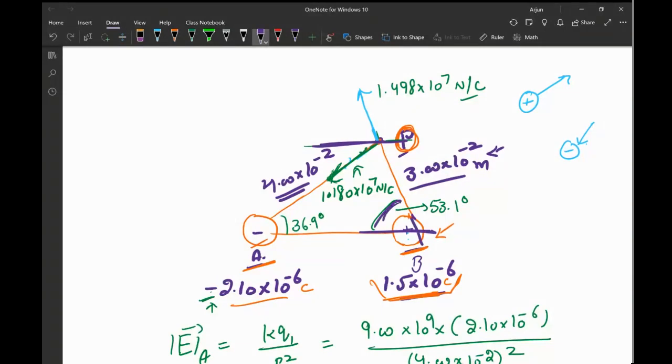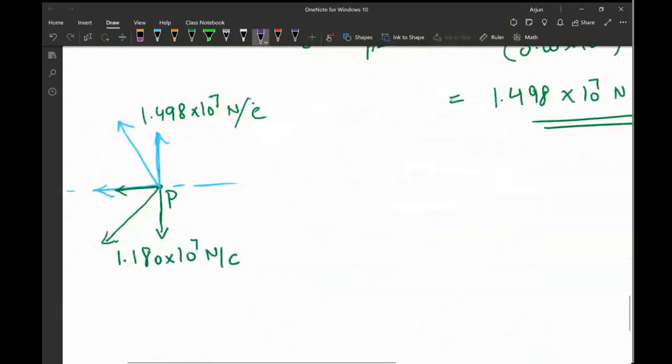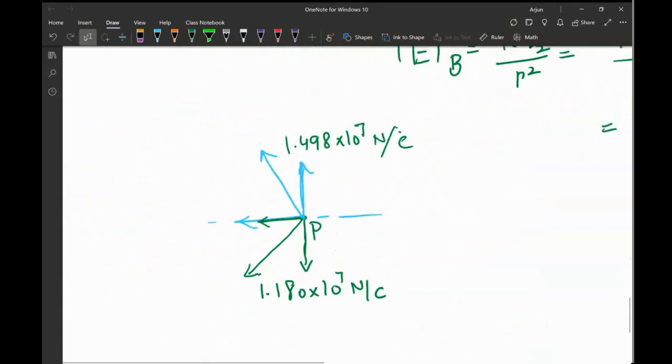So if this angle is 53.1, this angle will be 53.1, and if this is 36.9, this angle will be 36.9 degrees, and this is 53.1 degrees. I'll mention them down here also. So this angle is 53.1 degrees. This angle is 36.9 degrees. So we figured out both the angles.